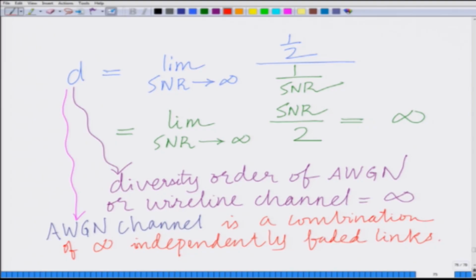So, what this tells us is that the diversity order of the AWGN channel or the simple wire line communication system with no fading is equal to infinity. Therefore, this can be thought of intuitively as a channel with an infinite number of independently faded links, which gives rise to a diversity order of infinity.